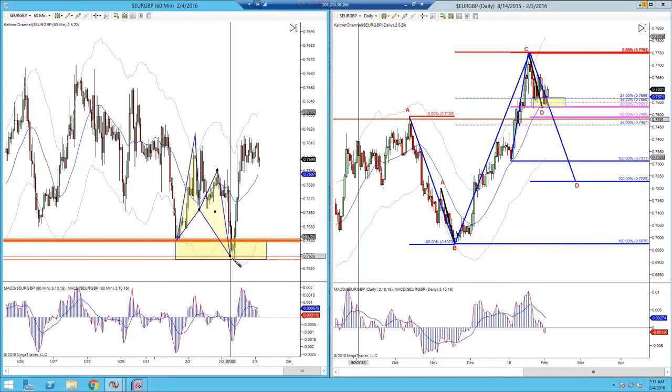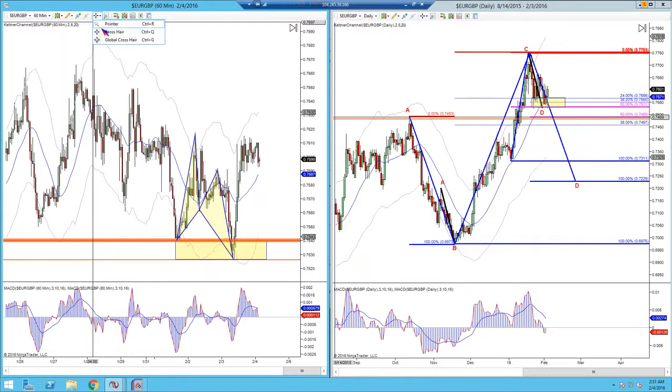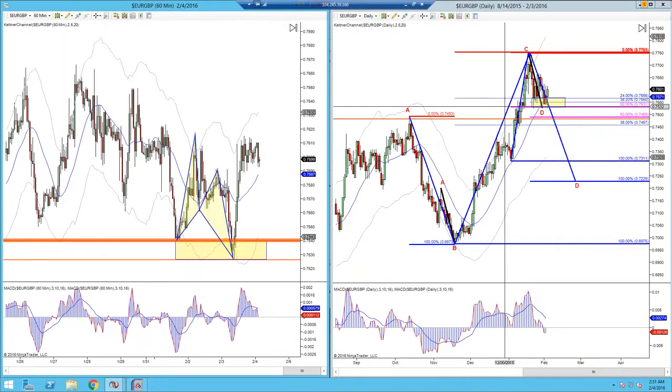Where you have these small harmonic patterns around turning points on the higher time frame, that's where the power comes from also. So you have these little harmonic patterns that are reversal points within the context and structure of the higher time frame. Think about that.